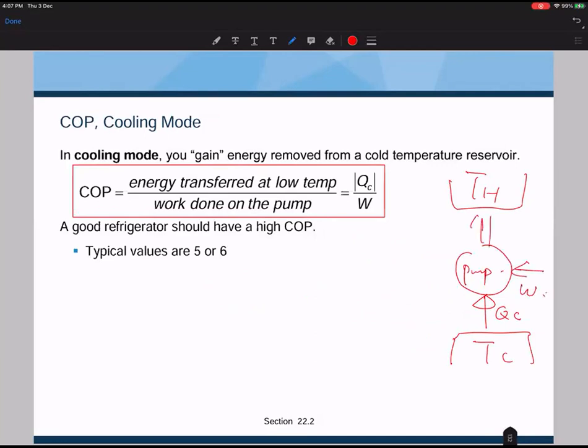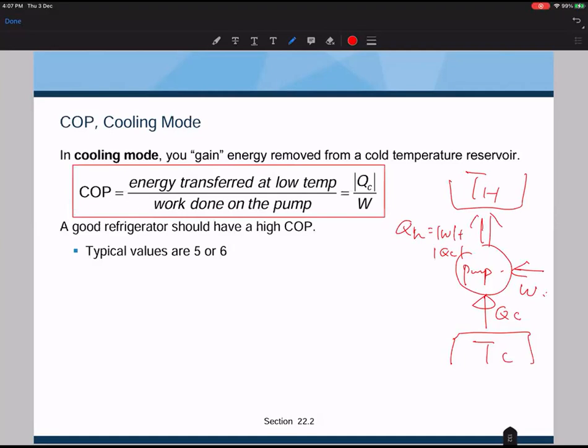At the end, it will throw away the heat energy to the hot reservoir, which is actually the sum of the work done plus QC. I just try to put absolute sign on both the work done and QC just to make sure that it is the magnitude that is being added.